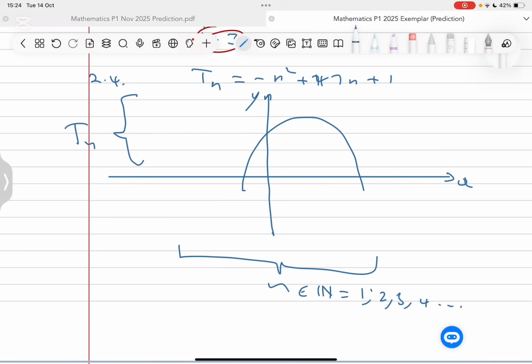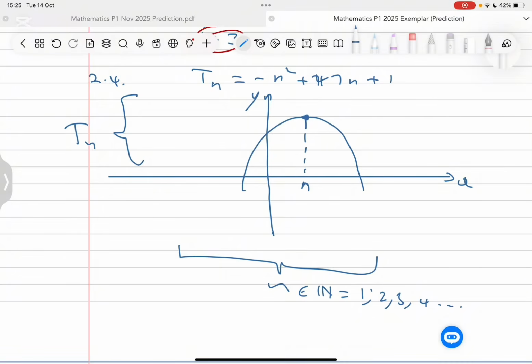It represents any term in the sequence. Now, to answer this question, you have to understand that the maximum value, meaning if I put the value here of n, will occur at the turning point. The maximum value will occur at the turning point because all the other values in this function are smaller than this number.